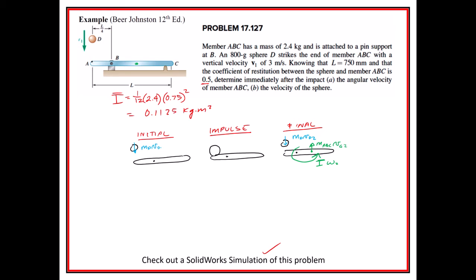And anything else? Okay, yeah, I give a little nod to our impulses. We have equal and opposite impulses here. We also have a weight impulse that we might want to at least mention right here: the weight times delta t.